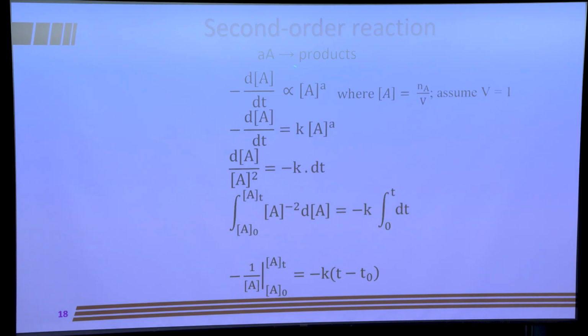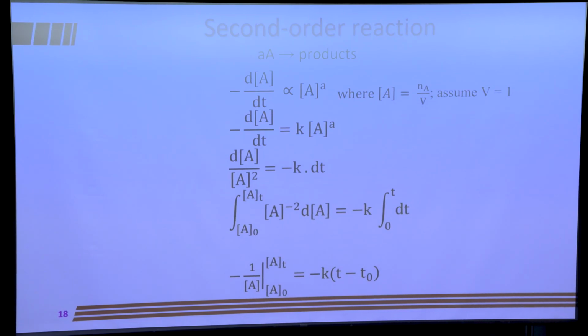For second order, we now have A plus A gives products, that is, 2 moles of A gives products. Again, minus the change in concentration of A with respect to time is proportional to the concentration of A to the alpha. Assuming unit volume, we can write the change in concentration of A with respect to time is equal to k times the concentration of A to the alpha.